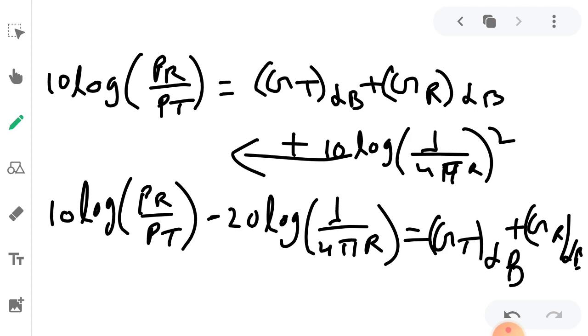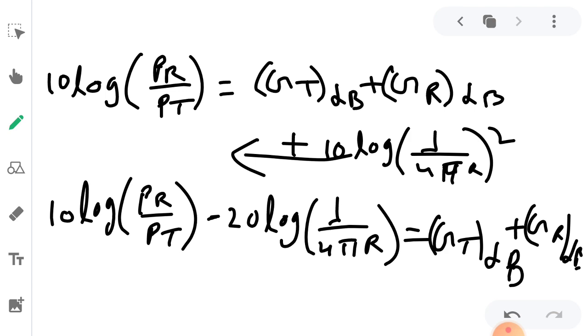So this minus 20 log we have, minus if you take inside the log, then we get plus 20 log of 4 pi r by lambda. It becomes plus 20 log of 4 pi r by lambda, because minus goes into the log, it will be 1 by lambda by 4 pi r, so it becomes 4 pi r by lambda.